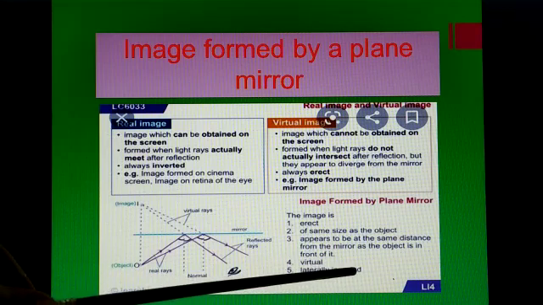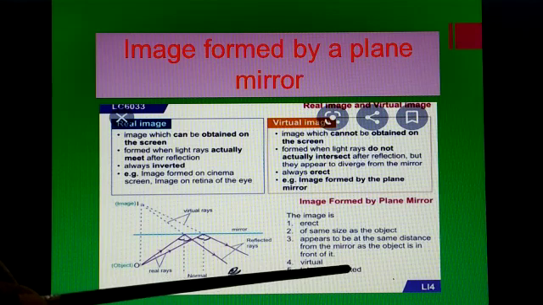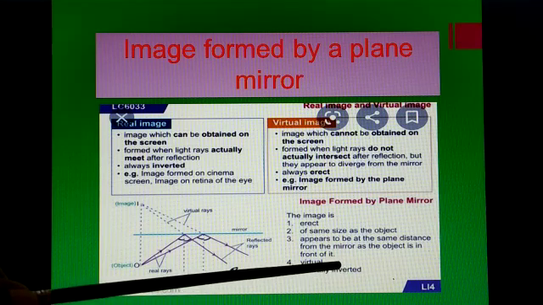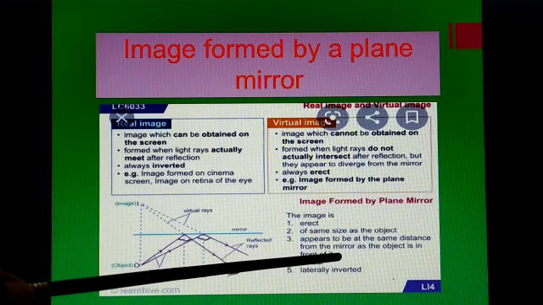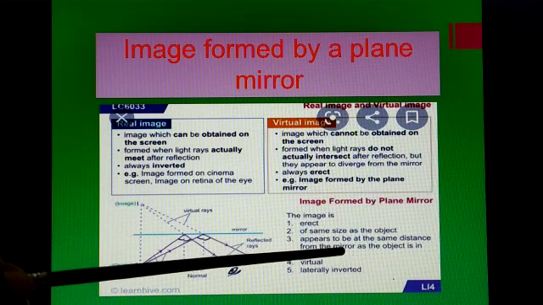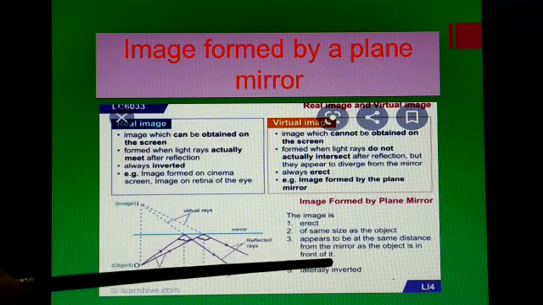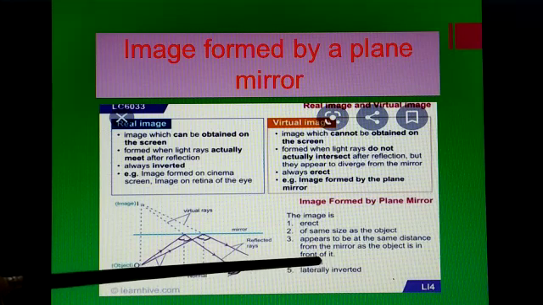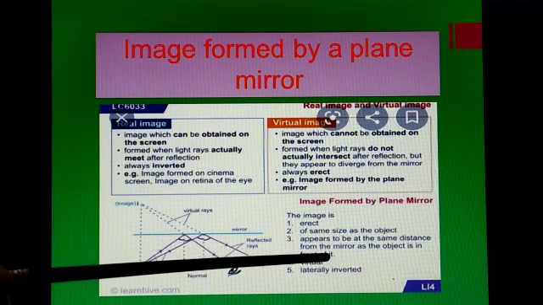Then laterally inverted. Laterally inverted means the letters. If you have confusion, you can write any letter on a plain paper and show it in front of the mirror. Then you can see how it looks. The letters will be in an inverted position. That is why in ambulances the name is written with the letters in an inverted position.